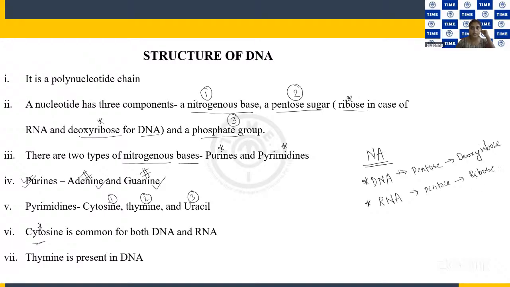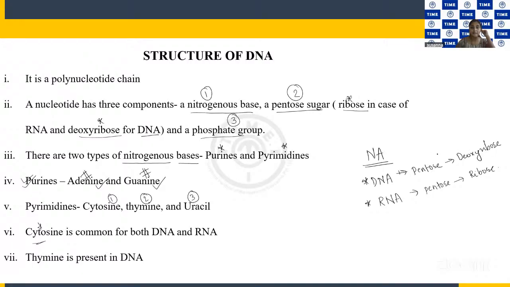This difference is based on the presence of an OH group on the second carbon of the pentose ring. Another difference is in the nitrogenous bases. DNA has purines, adenine and guanine, and its pyrimidines are cytosine and thymine.